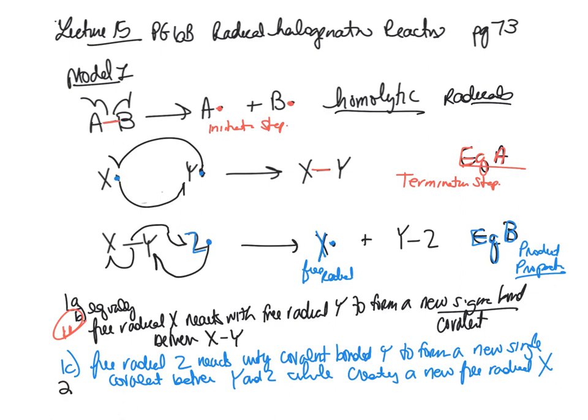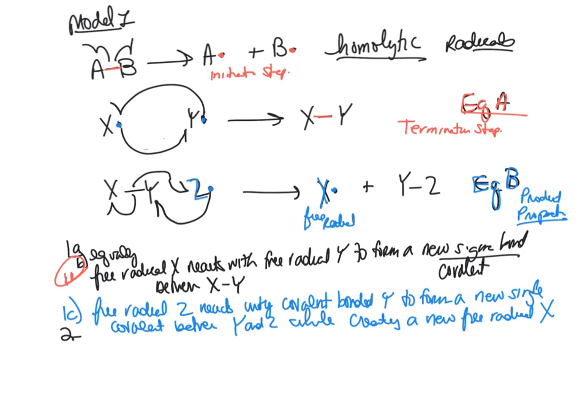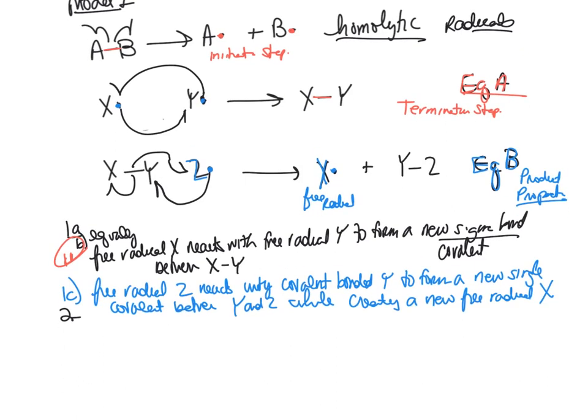Question number 2. In addition to forming the products shown in equation B, the following alternate reaction could also take place. Show the mechanism using curved half arrows for this reaction. All right, so let's do that one.